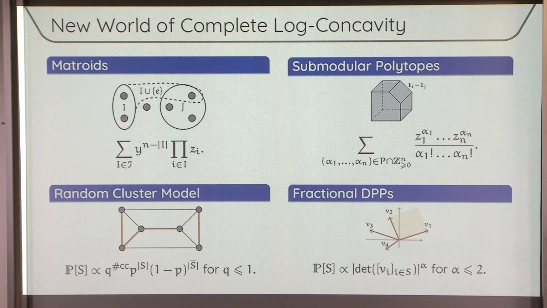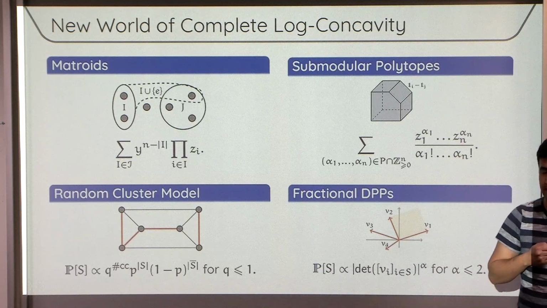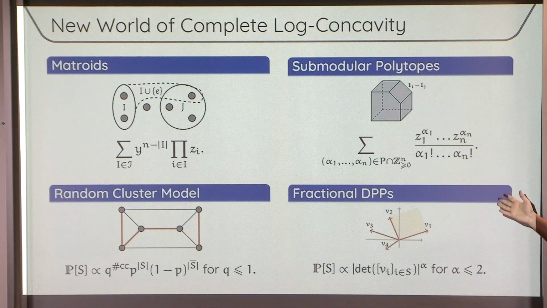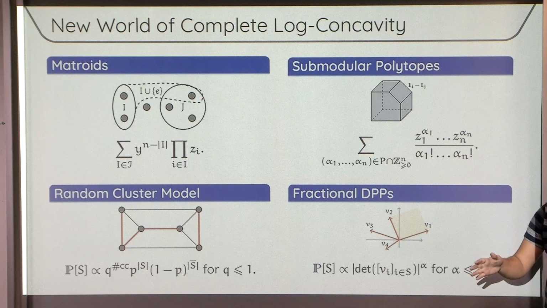And this goes back to the point that Federico was making. I told you about the multi-affine homogeneous case, where the support of CLC distributions is always the bases of a matroid. You can ask what the general case is. It turns out that you can reduce everything to multi-affine homogeneous polynomials.